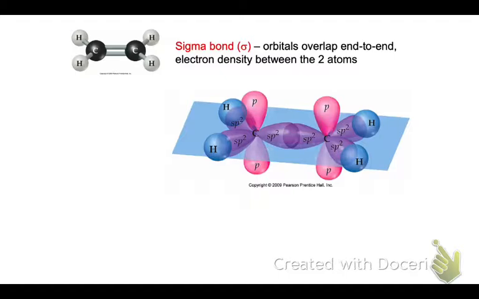Sigma bonds are the ones, now remember, this carbon has sp2, sp2, and sp2. So three covalent bonds, we're going to call them sigma because those are made of the hybridized orbitals. Those are the purple ones. So this carbon has the sp2 here, the sp2 here, and the sp2 here. One is bonded to the carbon, which is this one right here, and two are bonded to the hydrogen.